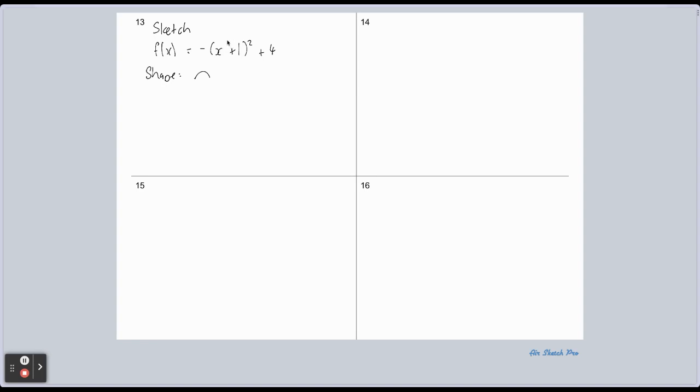We can also see that there is a horizontal translation of 1 unit to the left, because it says +1 there, and a vertical translation of 4 units up. That's true of every single point, but specifically it's true of the turning point.